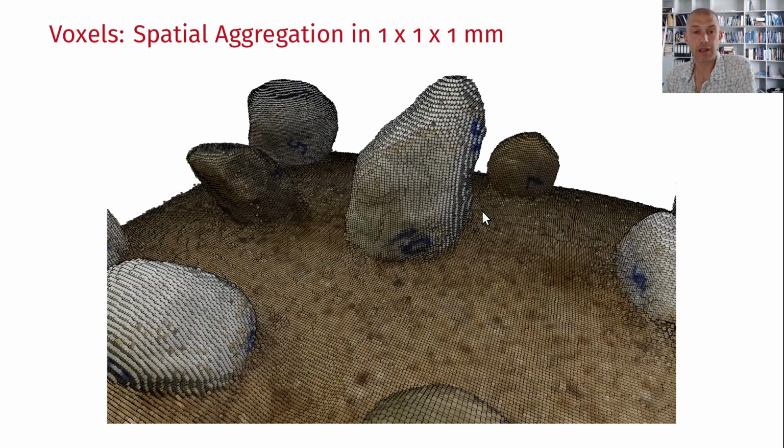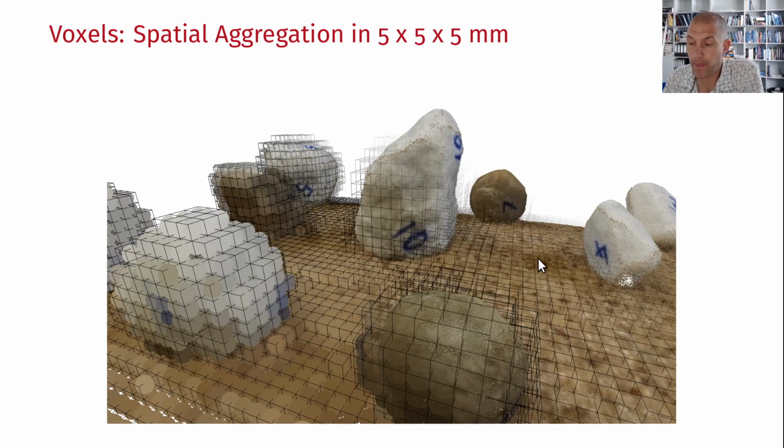A typical example here is a voxelized point cloud for a river pebble data set that reminds you very much of a Minecraft data set. This is in a resolution of 1 millimeter. We can, of course, change the voxel resolution, where we can have larger voxels and therefore aggregate more data into a somewhat coarser structure.